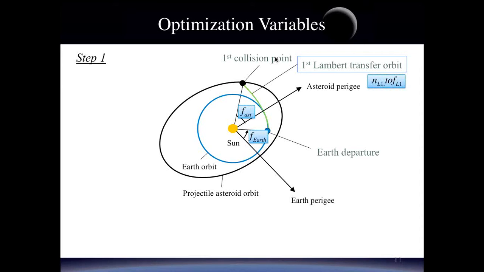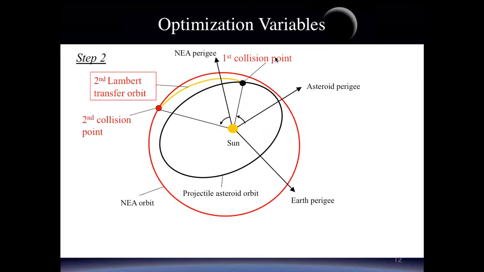To obtain the first Lambert transfer orbit, the true anomalies for Earth departure and arrival at the asteroid are considered as variables. And we also consider the revolution number and time of flight as optimization variables.